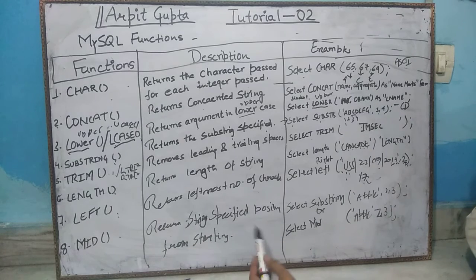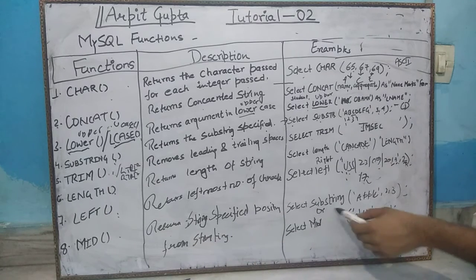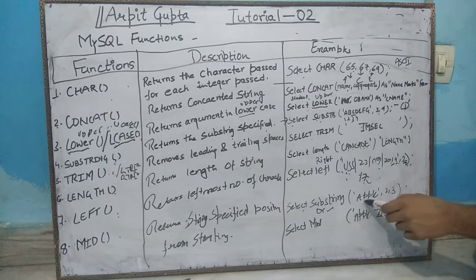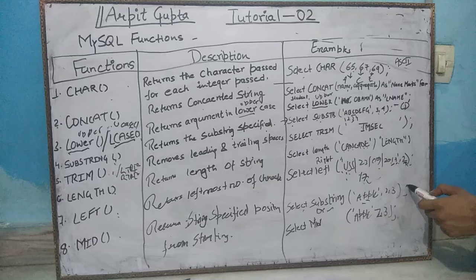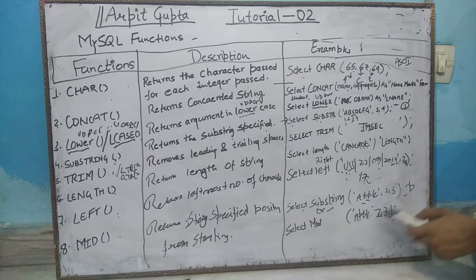Mid returns the specified position from the start. Mid and substring functions are the same. From apple it will give 2 and 3, P, and from it the same, P and P.